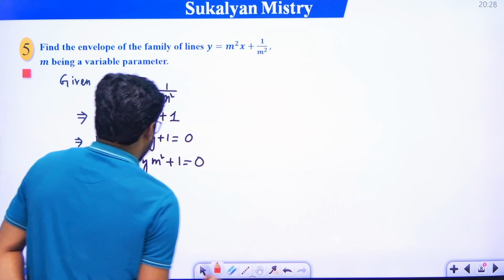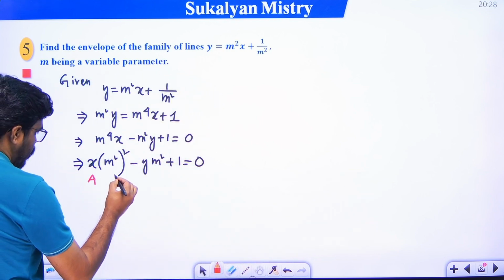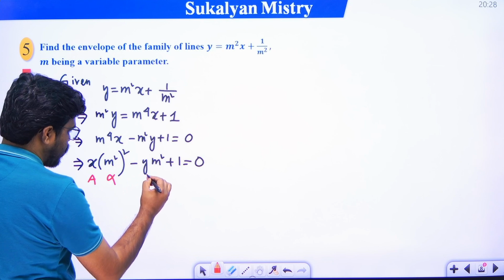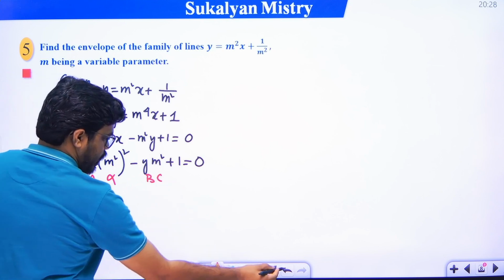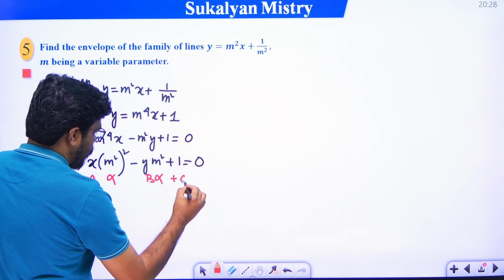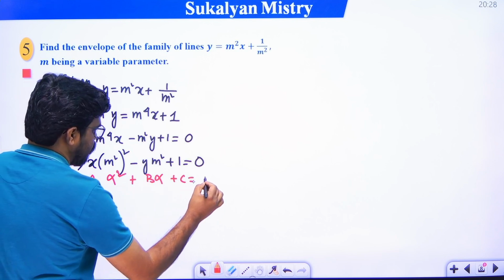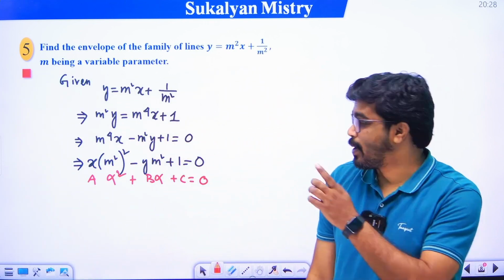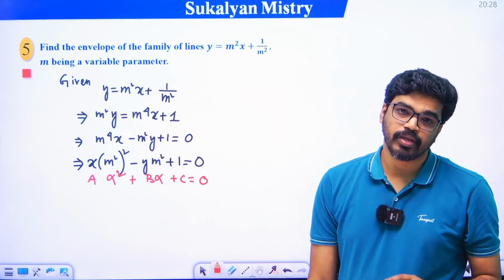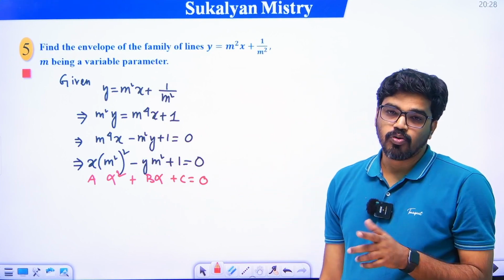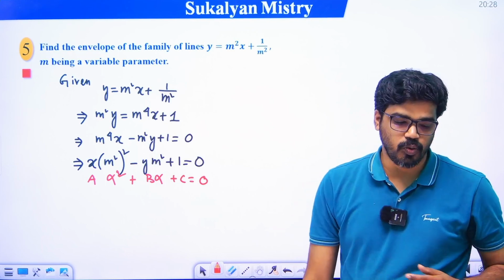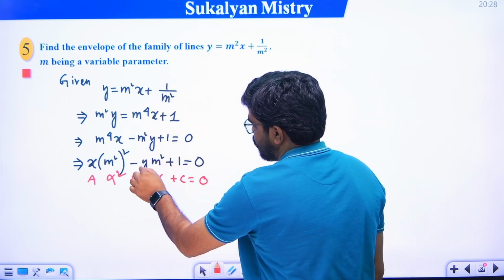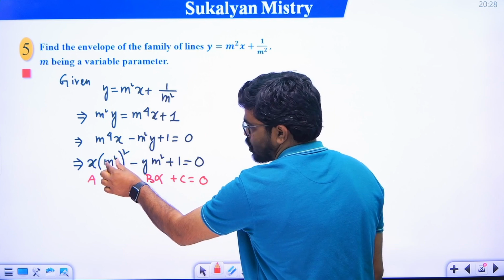Basically, just consider m square as alpha: a alpha square plus b alpha plus c is equal to 0. So this is a quadratic equation, quadratic in the parameter m square. Just consider this m square as alpha.